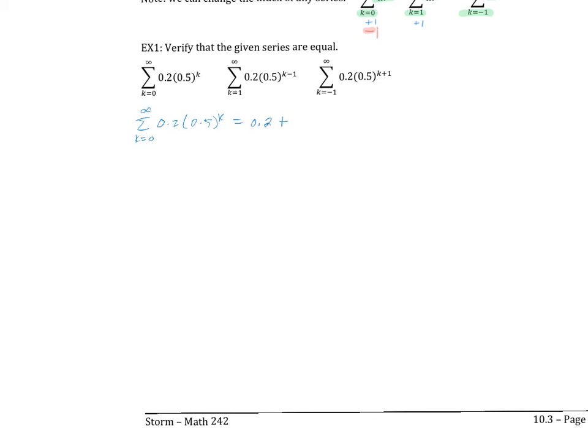Plus, if k equals 1, then this is 0.2 times 0.5. If k equals 2, it's 0.2 times 0.5 squared, and so on. I think 3 terms is enough.